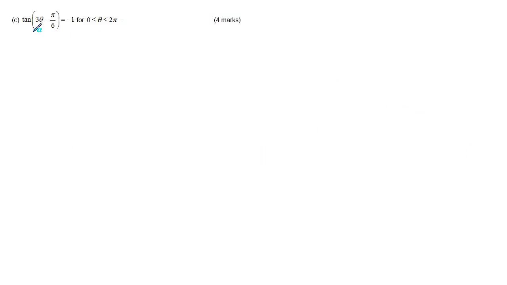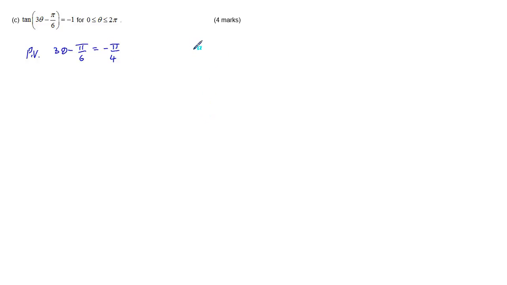Now we have tan of 3 theta take away pi by 6 is equal to -1. So once again it's a standard angle. If it's not a standard angle, you just need to use the calculator, obviously, to work out the principal value. So our principal value for 3 theta minus pi by 6, so it's a tan inverse, is actually going to be -pi by 4.